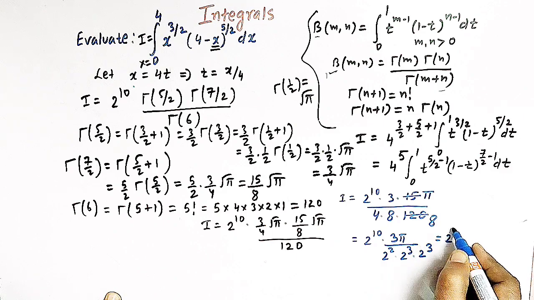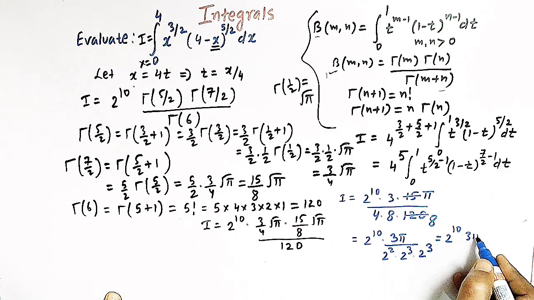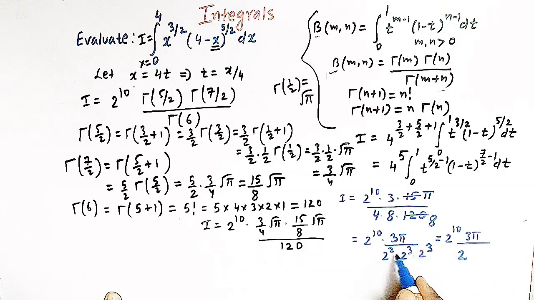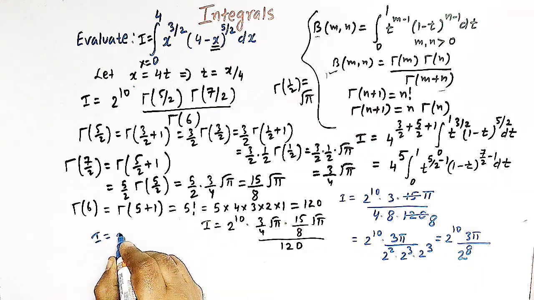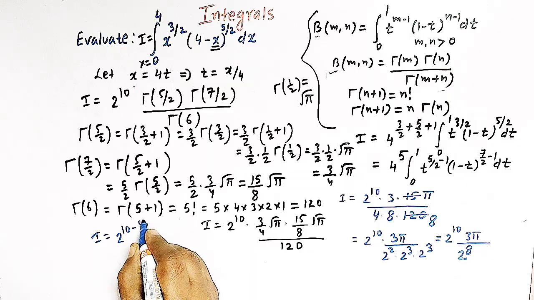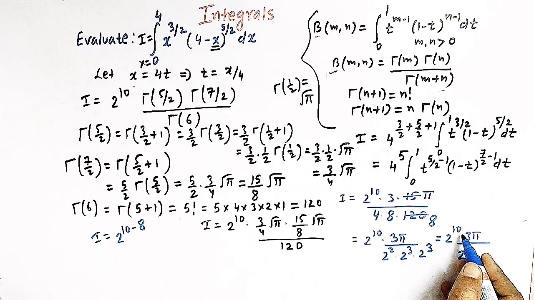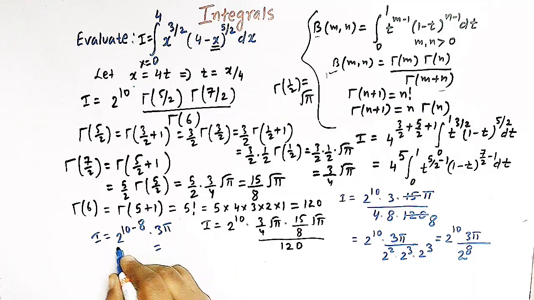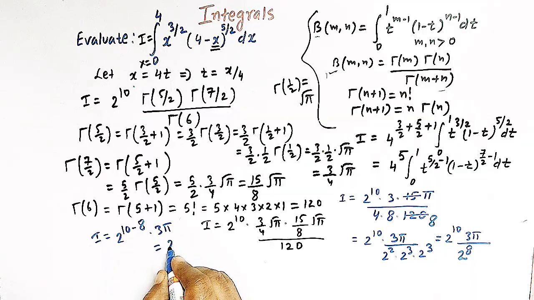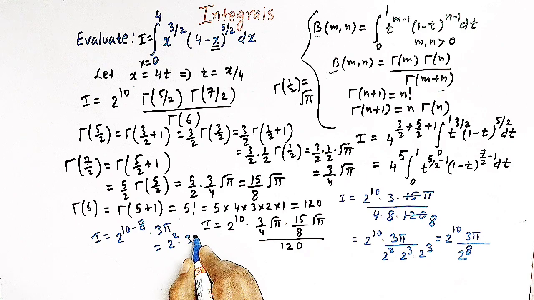So we can now write 2 raised to 10, here we have 3 pi divided by 2 raised to, again applying the laws of exponents, 3 plus 3 is 6, 6 plus 2 is 8. Right? So now the value of the integral I is 2 raised to 10 minus 8, so subtracting 10 and 8, and then we have 3 pi, and 2 raised to 10 minus 8 is 2 square, and here we have 3 pi.